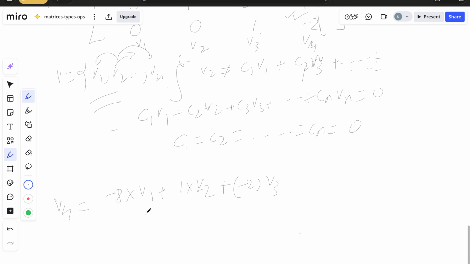So basically which states that v4 is dependent on the vectors v1, v2, v3. It can be expressed as a combination of v1, v2 and v3 here, right, which means that v4 is linearly dependent.